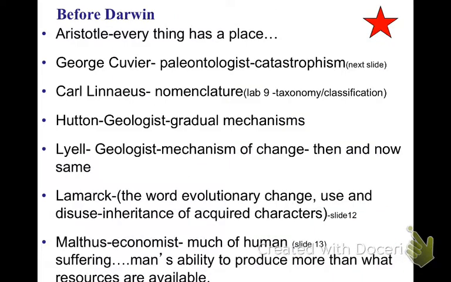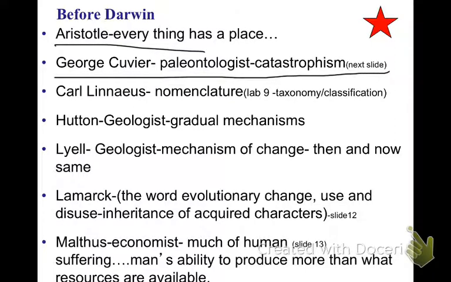Okay, so we talk about Aristotle, we talk about Cuvier and his catastrophism. Then we talk about Linnaeus. I actually covered this with my class in the lab, but a little bit about Linnaeus. He is called the father of nomenclature, meaning he is the one who did the classification.